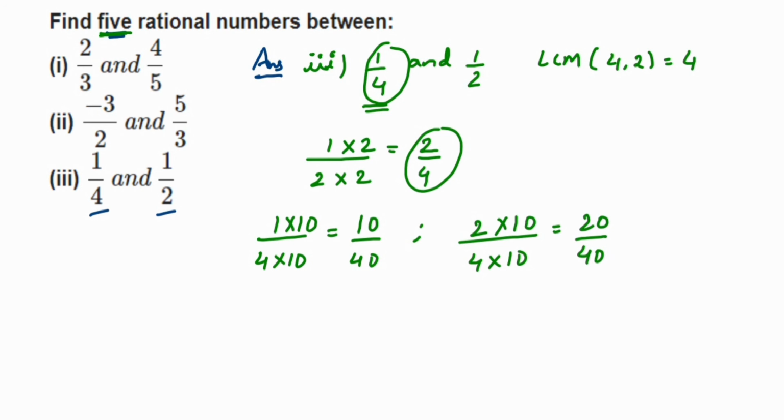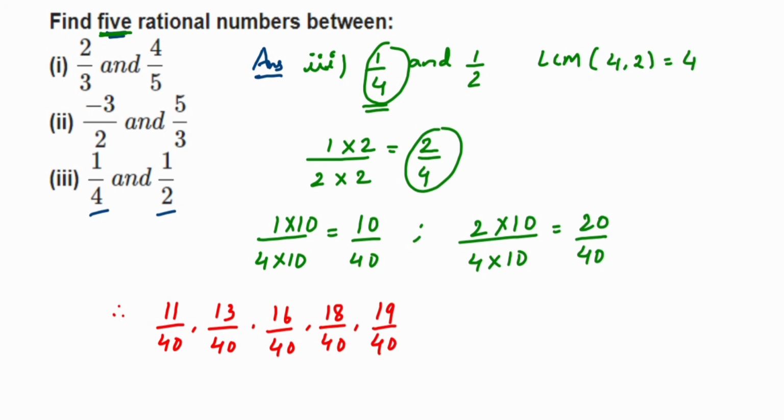Now between 10 to 20 we have a lot of numbers. Just take any 5 numbers from there. So therefore we can conclude that 11 upon 40, I'm just taking random numbers, 13 upon 40, and then we have 16 upon 40. We can take 18 upon 40 and 19 upon 40.